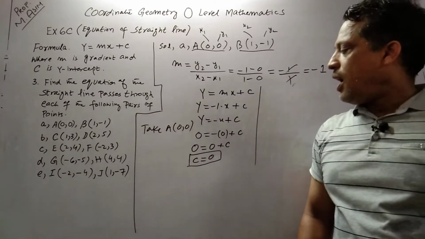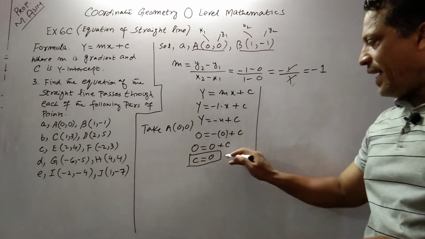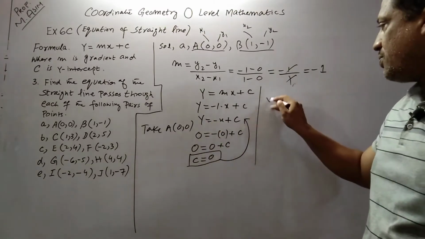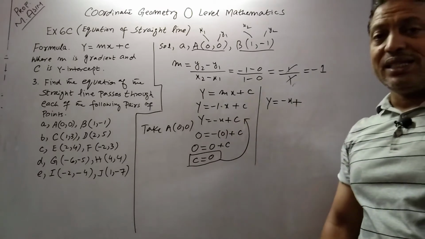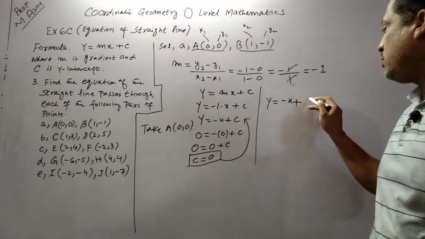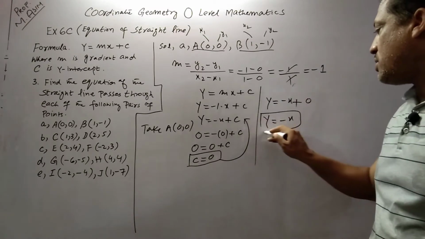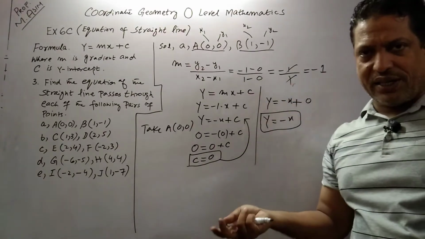Student, after getting the value of c, we move again to this equation. Y is equal to minus x plus c. What is the value of c we obtained? 0. So the answer is y is equal to minus x, because 0 doesn't affect minus x.